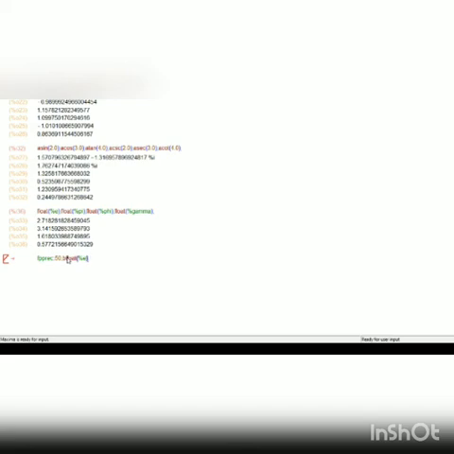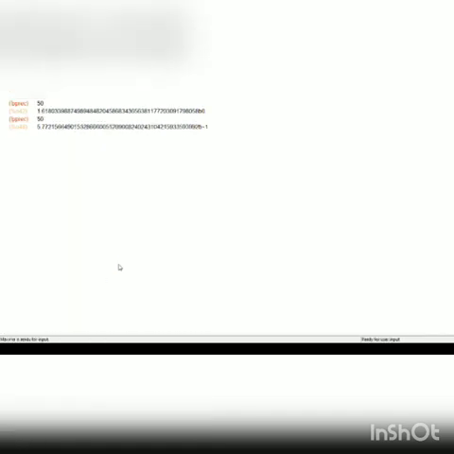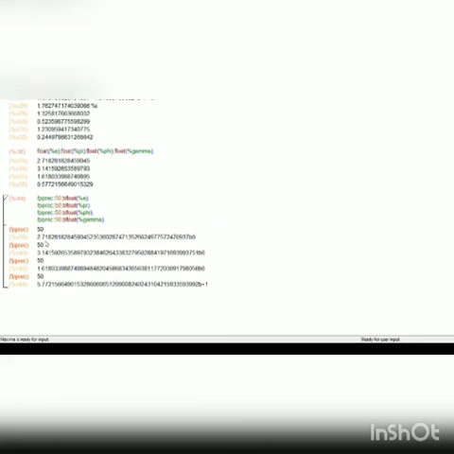Now let me copy this down, then I have to write for pi, then for phi, then for gamma. See, up to 15 digits it has displayed this. So this is the advantage of the floating point precision function.